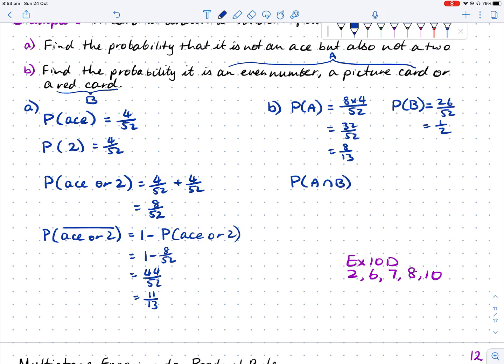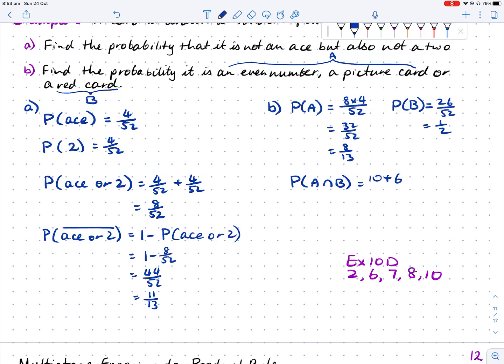So if we're looking at our even numbers, we know there's 5 even numbers and 2 of the suits are red and 2 of the suits are black. So of the even numbers, we're going to have 10 even red cards. That's your even red cards. With your picture cards, there's 3 different picture cards and again 2 suits of each.